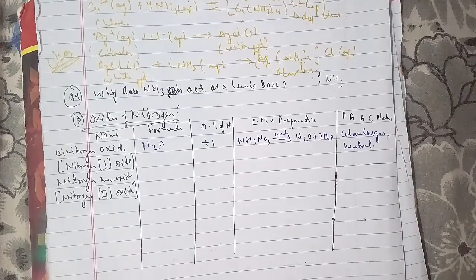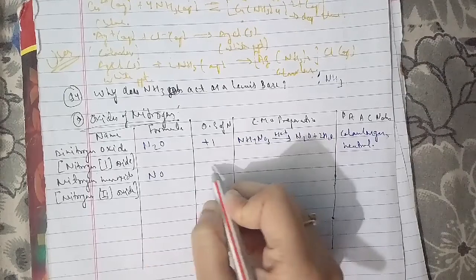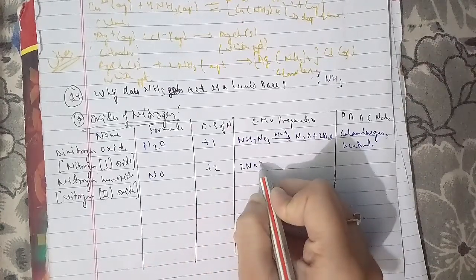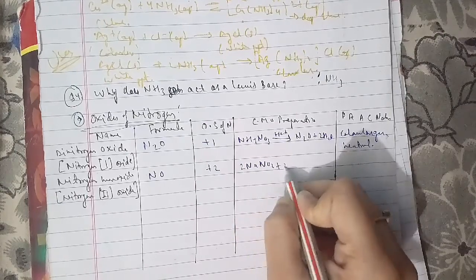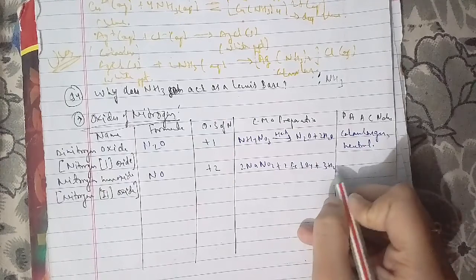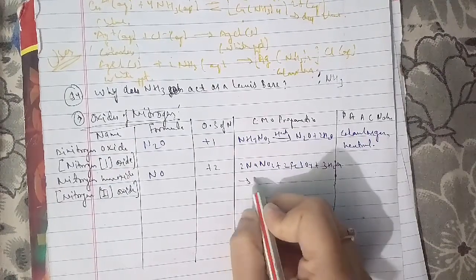The next one is nitrogen dioxide, which is nitrogen 4 oxide.